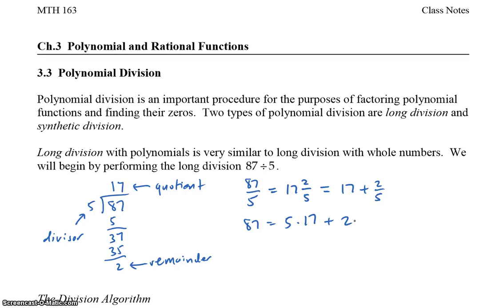So we do 5 times 17, which should be 85, then add 2 to get 87, and it checks out. With polynomials, this is an especially useful way of writing our result because it indicates whether or not the polynomial has been factored. The fact that we have the sum of 2 on the end in this case means 87 has not been factored using 5 and 17. We would not say that 5 and 17 divide evenly into 87, of course.